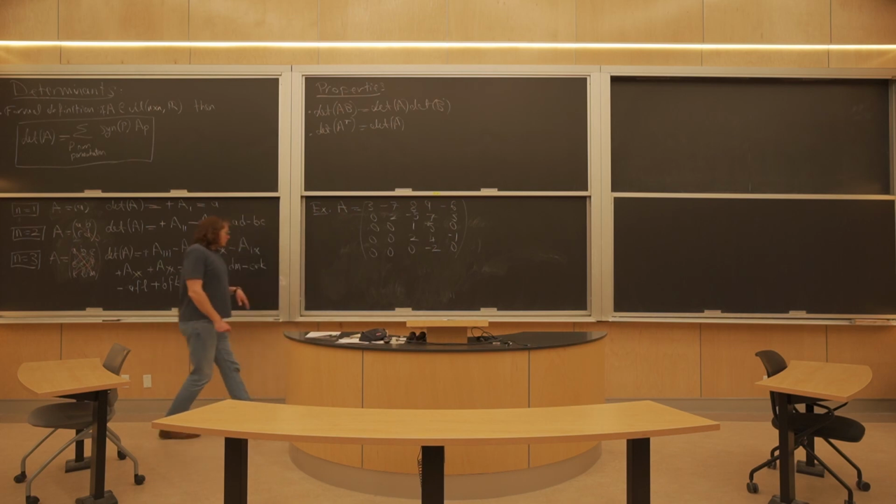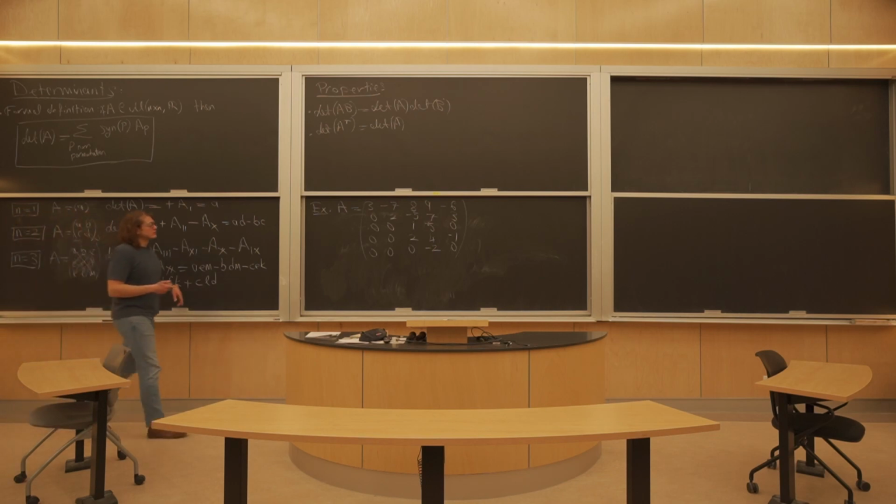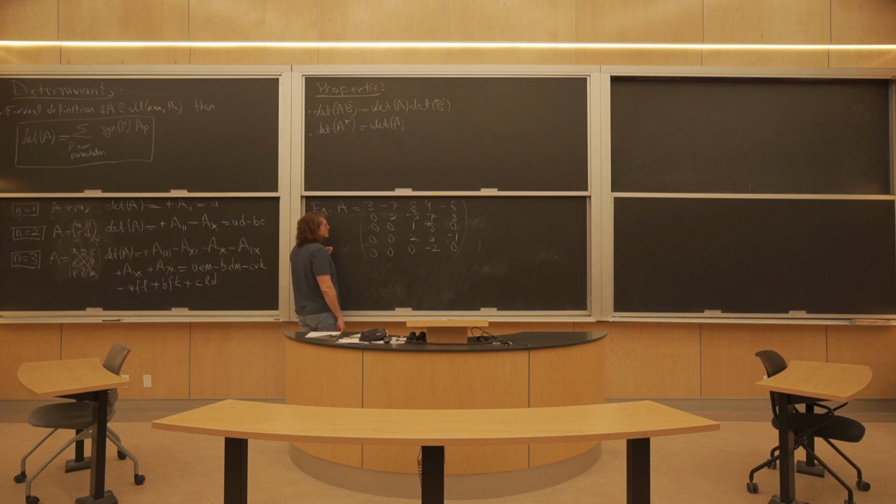At each step, I get to choose one row or one column, and I'm going to keep going through that row or column. In this case, because this first column has the most zeros, I might as well start with this.